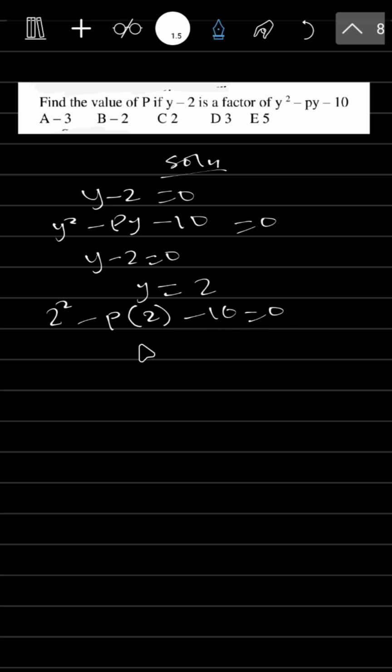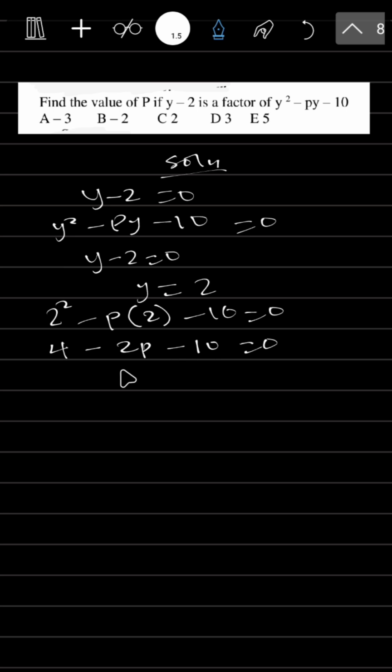Next, let's open the bracket and solve. 2 squared is 2 times 2, that is 4. Minus 2 times p gives us 2p, minus 10 is equal to 0.